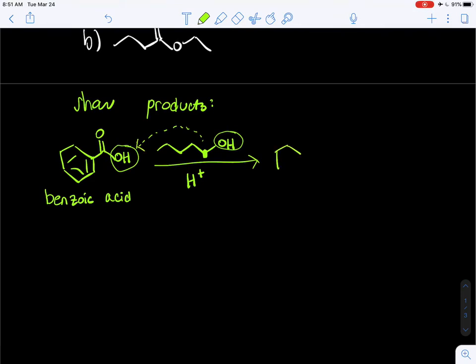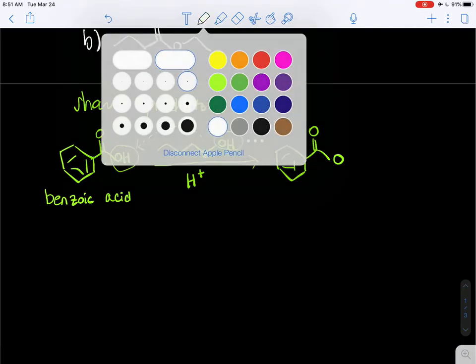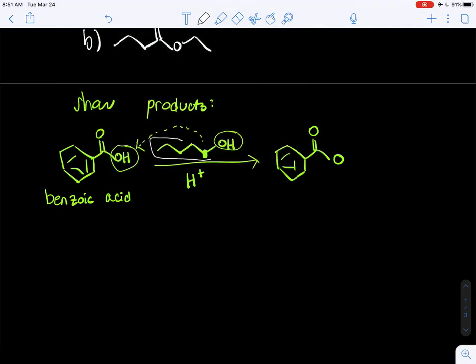So the pattern that you get here is you draw your carboxylic acid without the hydrogen, and then what you want to do is attach these carbons right here, and you'll notice the dot there. Okay, so that's 1, 2, 3, 4, 5, 1, 2, 3, 4. So that would be 5 carbons, okay?